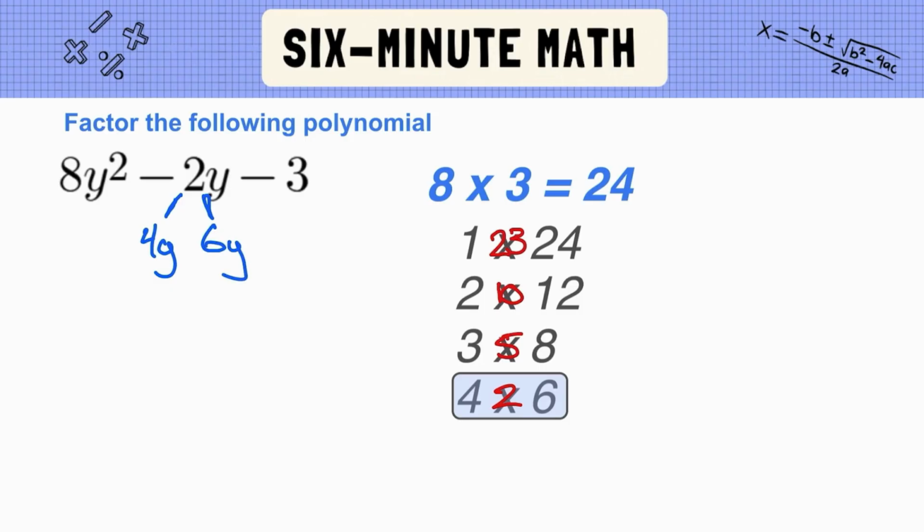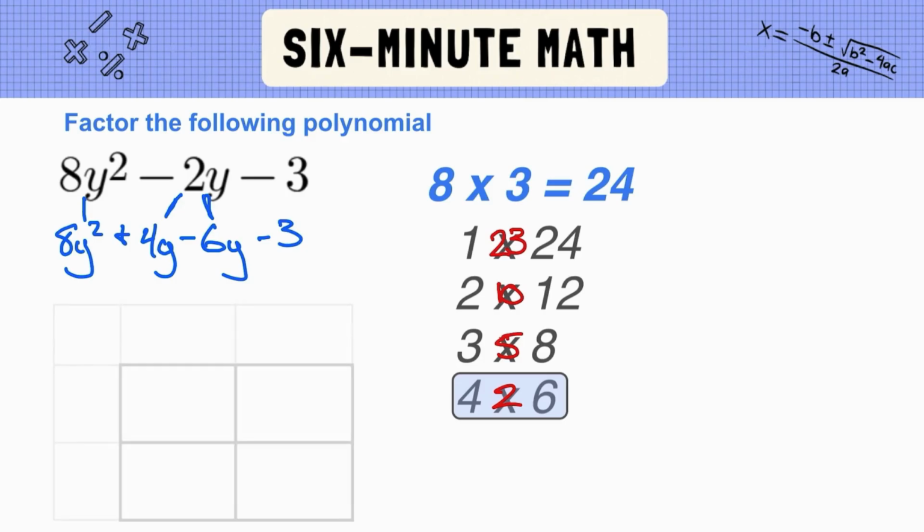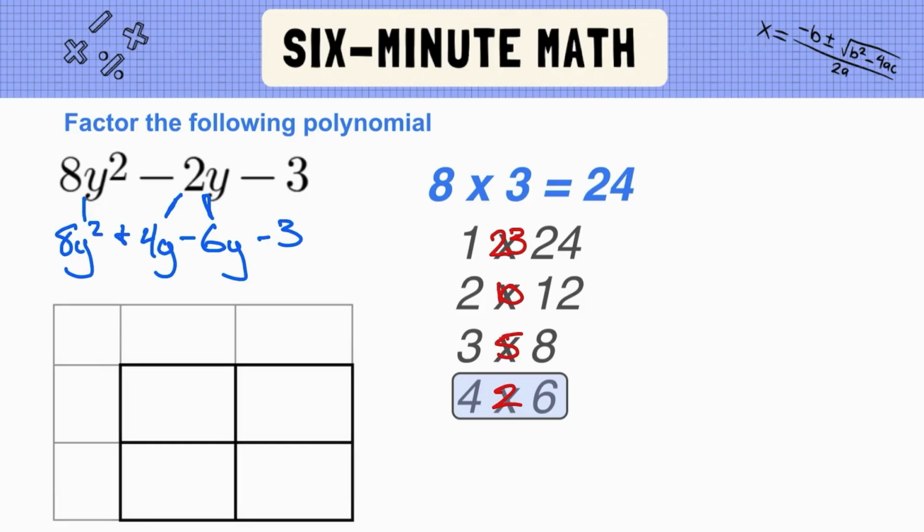And then we need to decide which one's positive, which one's negative. I have a negative b value, which tells me my higher term is going to be the negative one. Let's drop our a and our c. And now we have our 4 terms to put into our box.